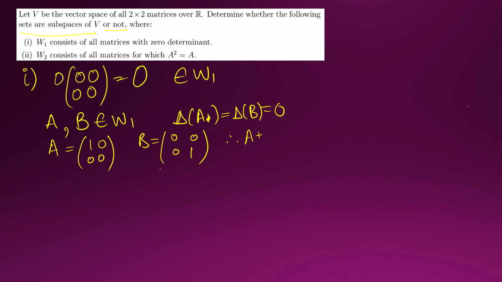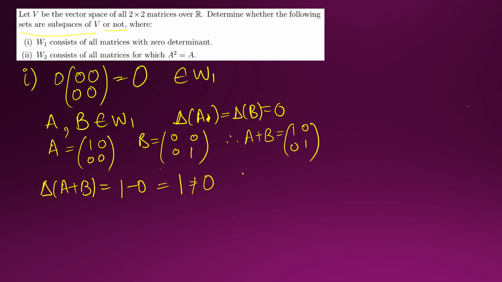Therefore, A plus B will be equal to (1, 0, 0, 1), the identity matrix. Then the determinant of A plus B will be equal to 1 minus 0, which is 1. But it should be 0. Therefore, this is not a subspace.